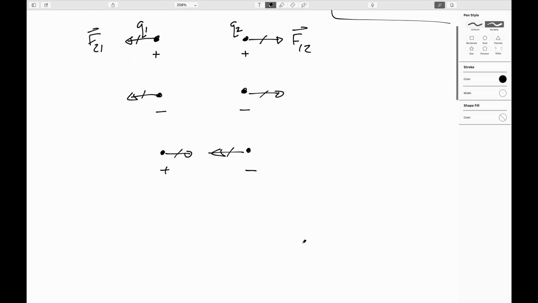We usually write Coulomb's law two different ways. For now, we're just going to write it in magnitude and say that the force is equal to this big constant K, the Coulomb constant. We'll get to that in just a second.